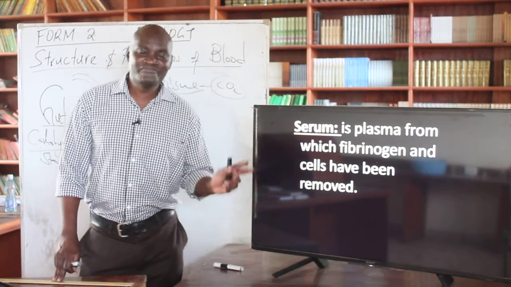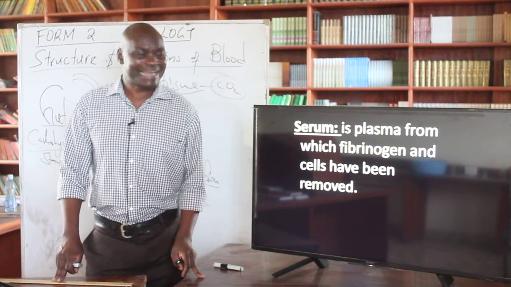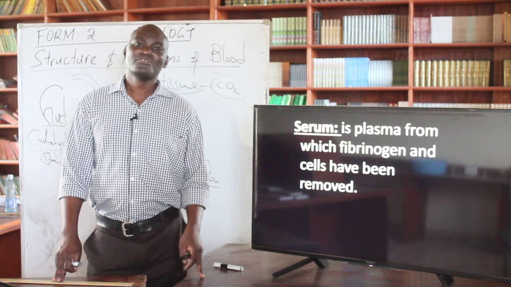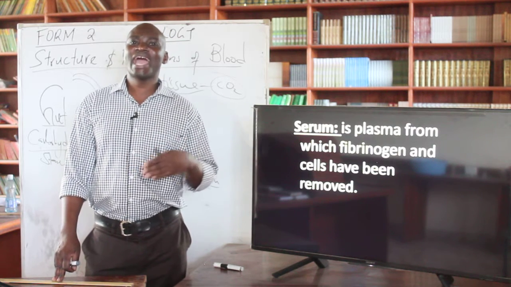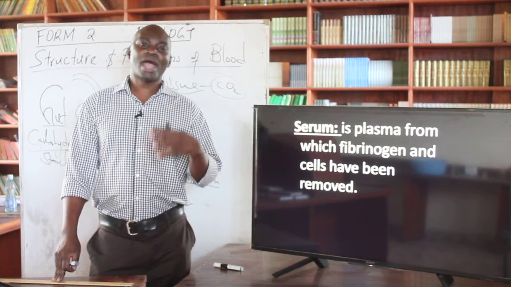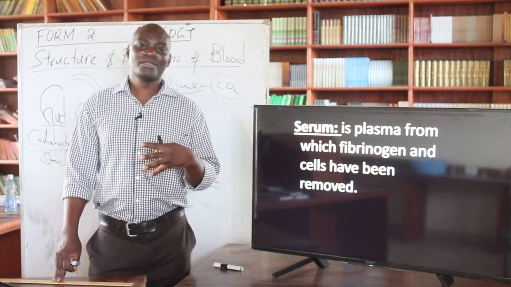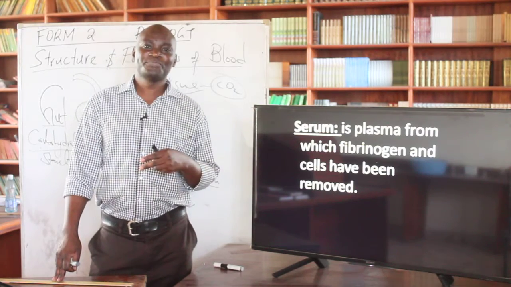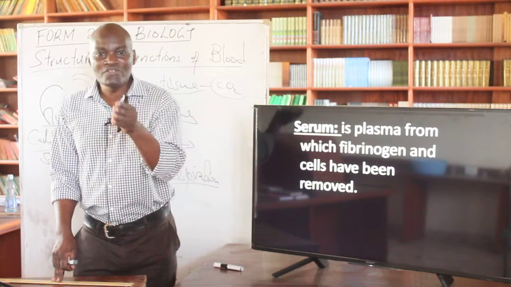Then we have a very important term that we call serum. Serum is plasma from which fibrinogen and cells have been removed. So it is a case where you have plasma, where the cells have been extracted, and at the same time a protein called fibrinogen.